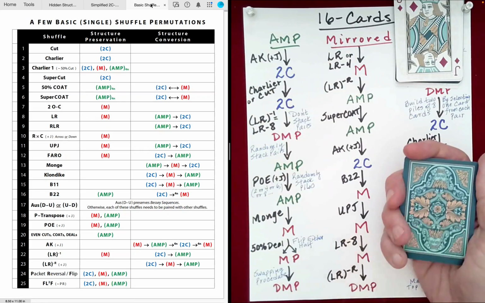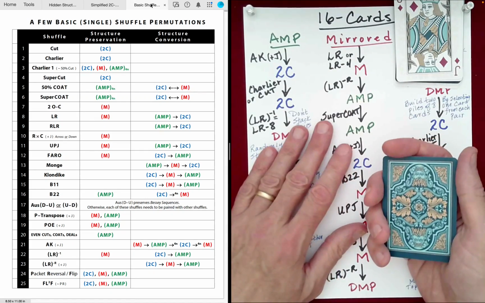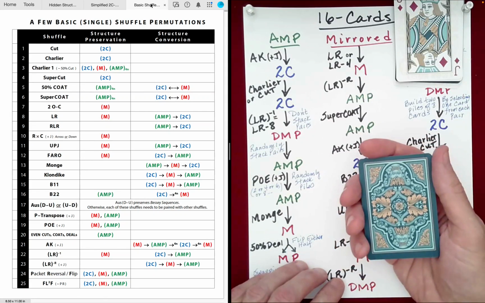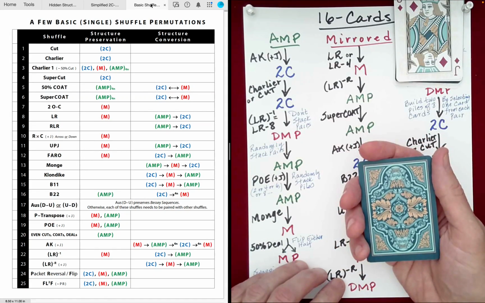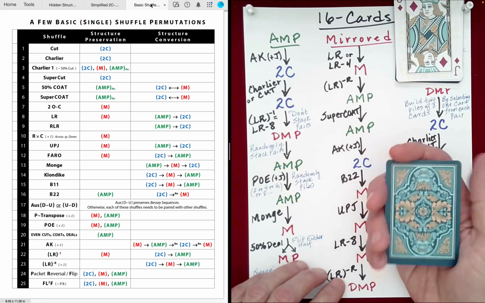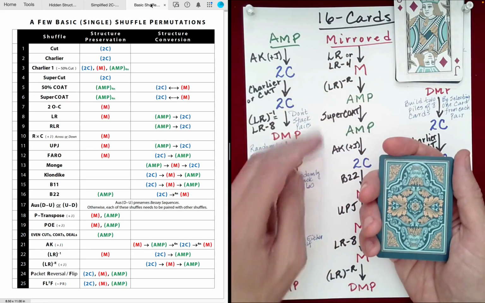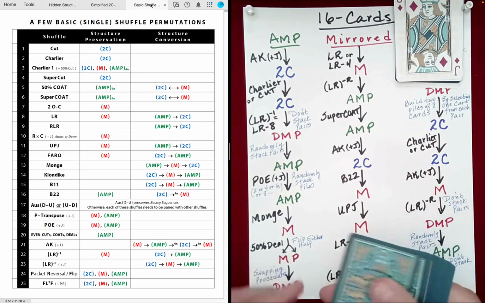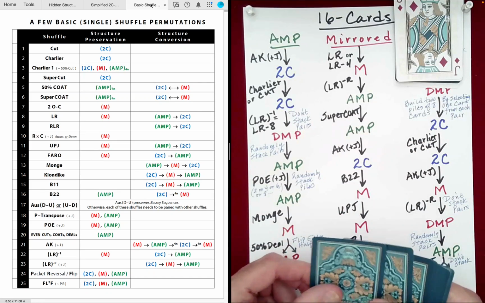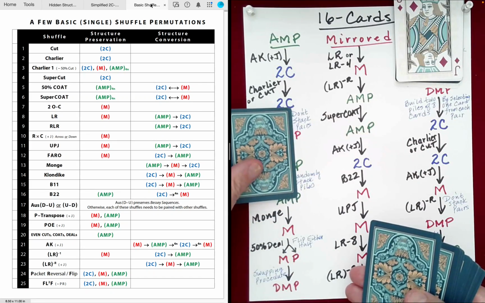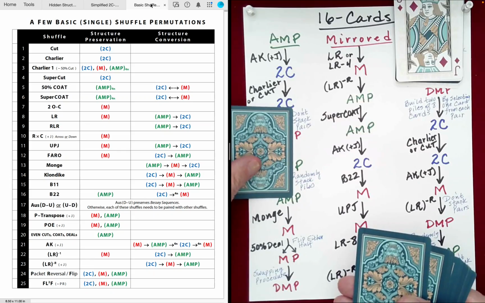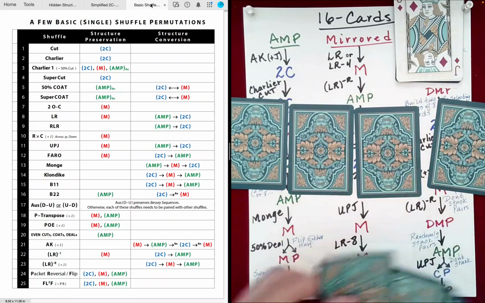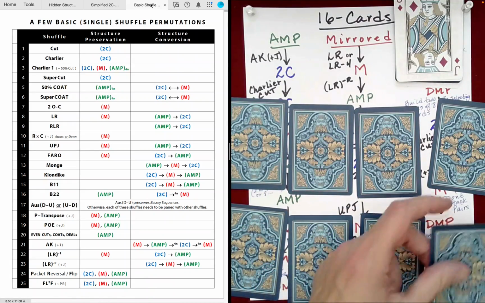This is still mirrored. Well, we can convert it to an AMP by way of this LR to the negative R. Now, if you take a look at line 23 on the chart on the left, you'll see that we can convert a mirrored structure to an AMP using this very special dealing. So how this works is you deal out into 8 piles. It's half the number of piles as you have cards. So it's like 1, 2, 3, 4, 5, 6, 7, 8.